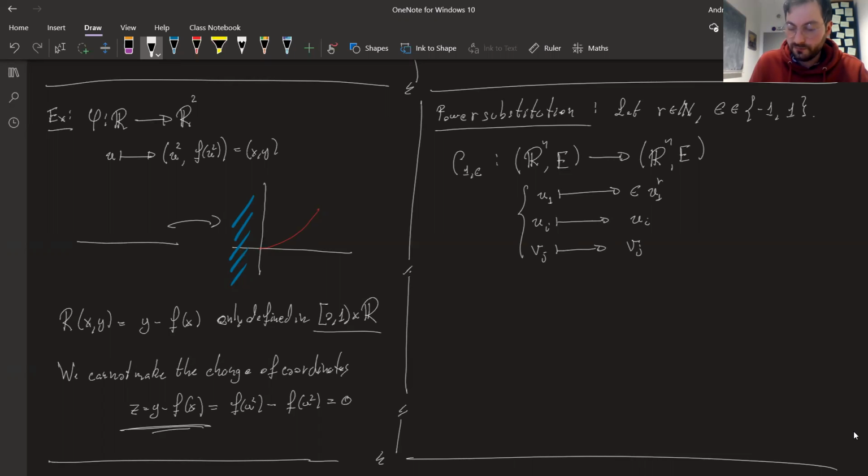So we just replace one of them by the power r. And of course, if the power is even, then we should consider plus or minus, because otherwise we're not going to get surjective. We should consider both of them in order to get a covering.